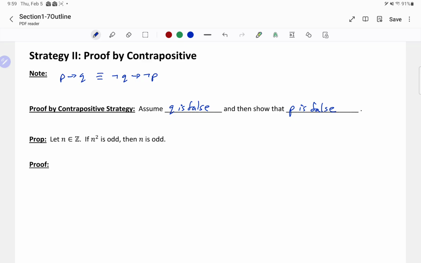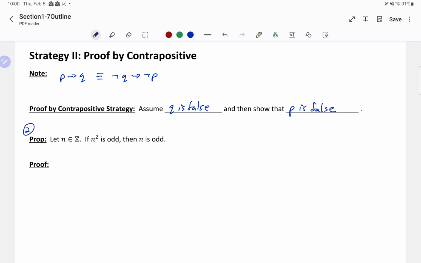So let's look at this proposition. I'll call this one proposition 2, mostly because I'll need to refer back to it by number in a little while. So now, let n be an integer. If n squared is odd, then n is odd.